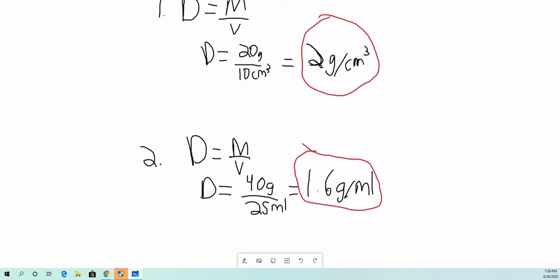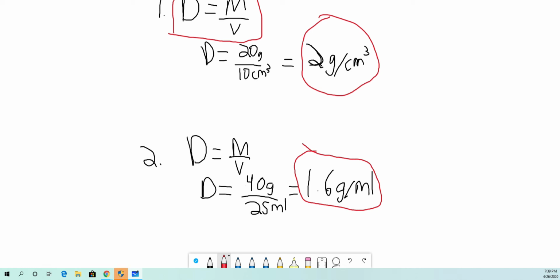You'll notice in the first problem, it's asking us to find our density. So we're going to pick equation 1, this guy. Density equals mass over volume. In the problem, it says you have a mass of 20 grams. The grams gives it away and tells us it's mass.